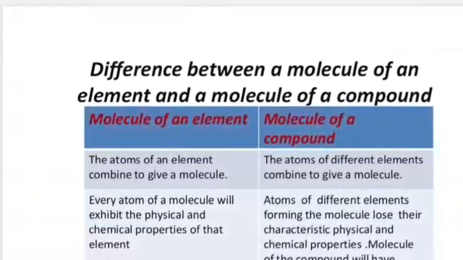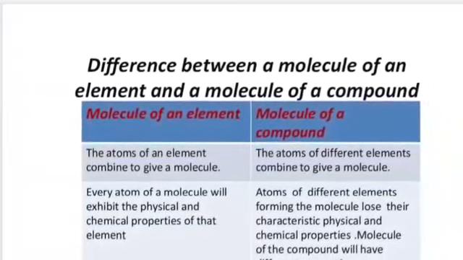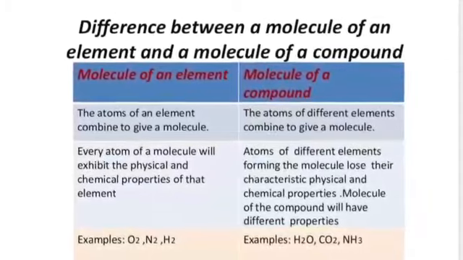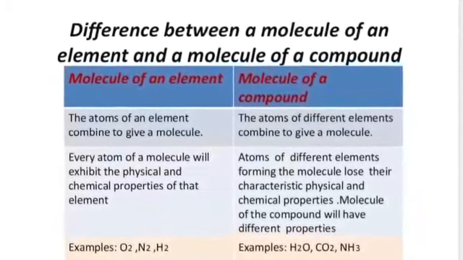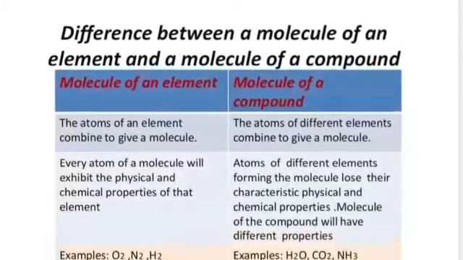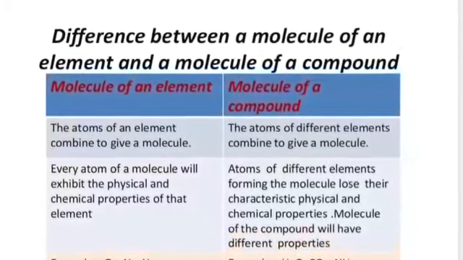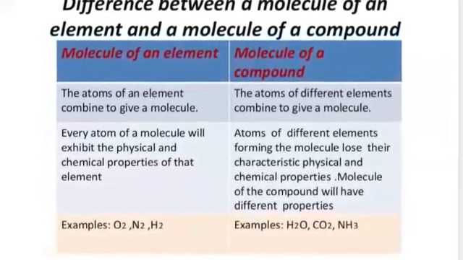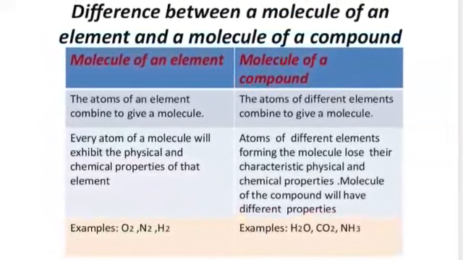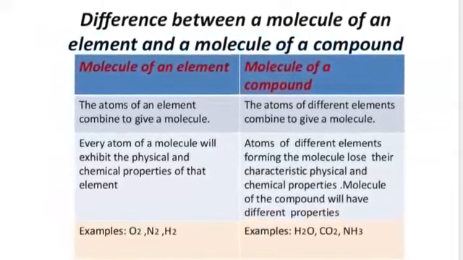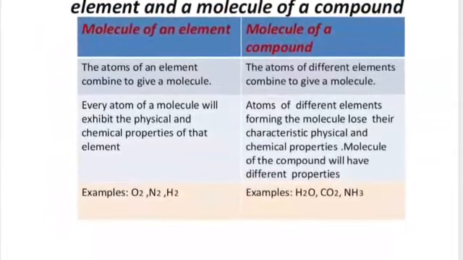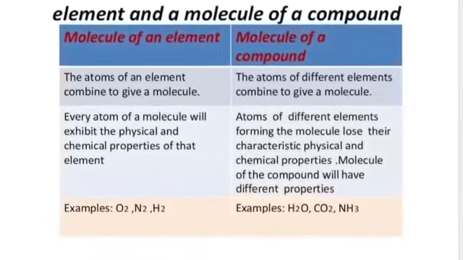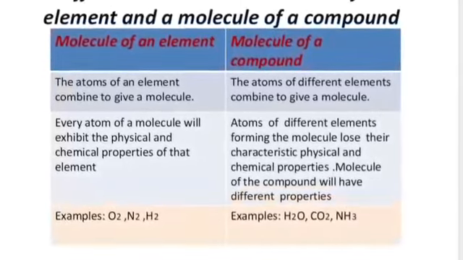So, what is the difference between a molecule of an element and a molecule of a compound? Atoms of the same element combine to give a molecule of an element, whereas atoms of different elements combine to give a molecule of a compound. Every atom of a molecule of an element will exhibit the physical and chemical properties of that element, whereas atoms of different elements forming the molecule lose their characteristic physical and chemical properties.